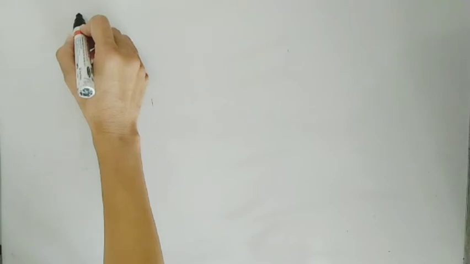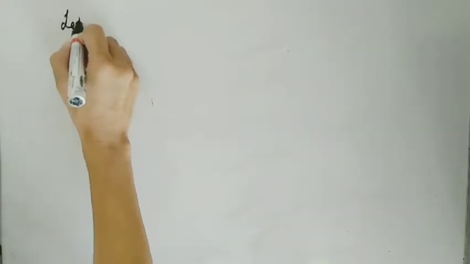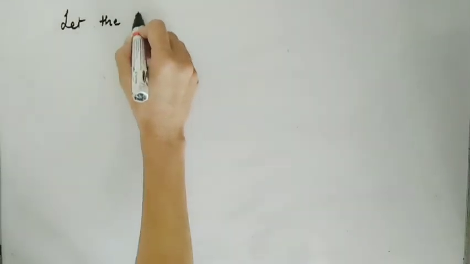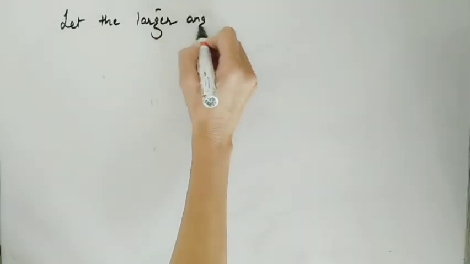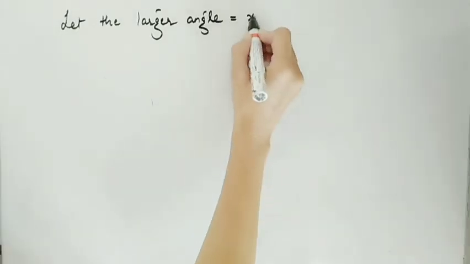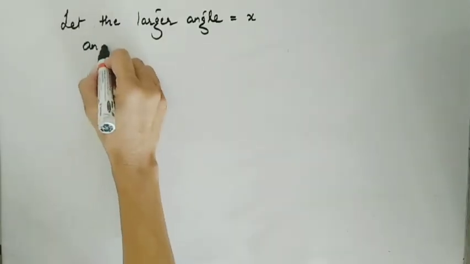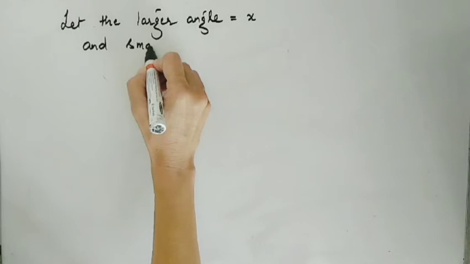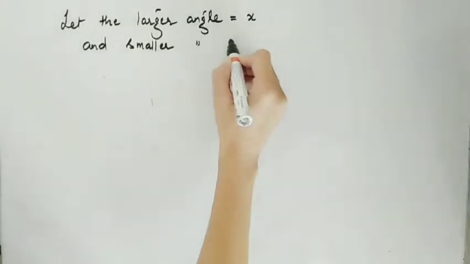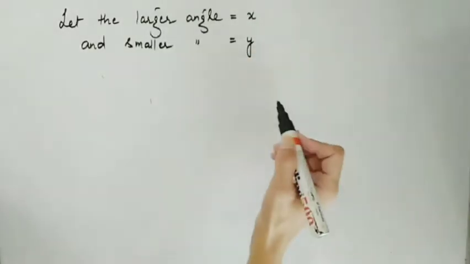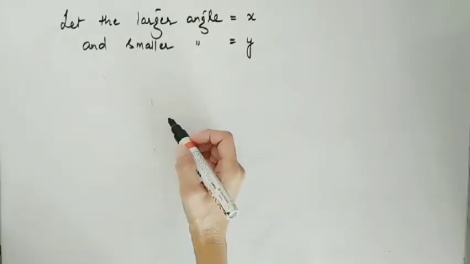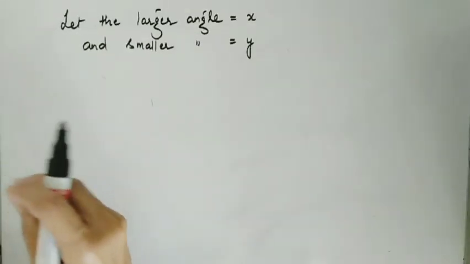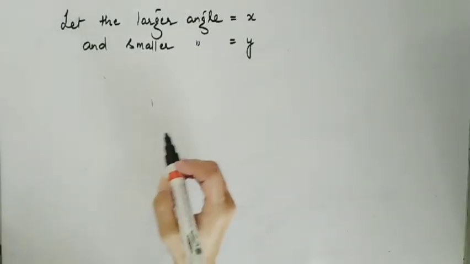Let us take the larger angle as x and the smaller angle as y, because the question is talking about two angles and it says the larger of two supplementary angles exceeds the smaller by 18.